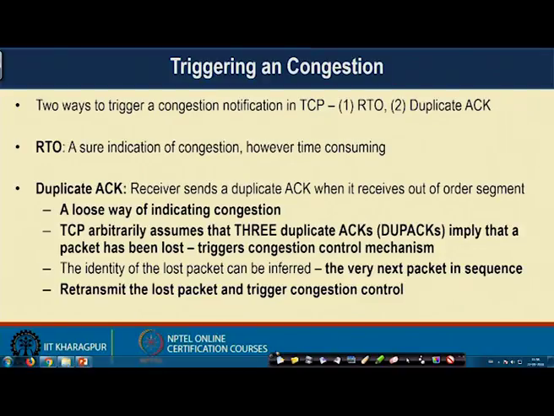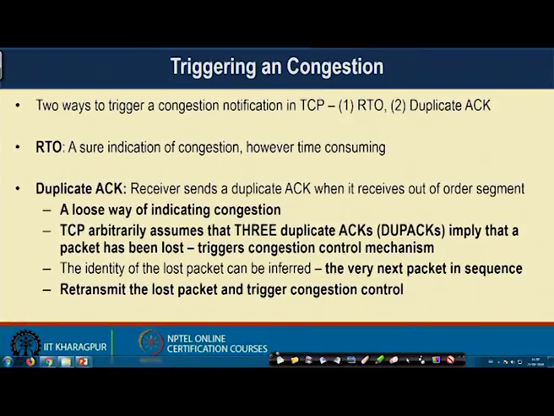Why do we use the duplicate acknowledgement to trigger congestion control? Because if you use retransmission timeout, you have to wait for that timeout duration to detect congestion, whereas a duplicate acknowledgement gives you an early notion of congestion and you can trigger the congestion control behavior much earlier compared to waiting for a complete timeout period.